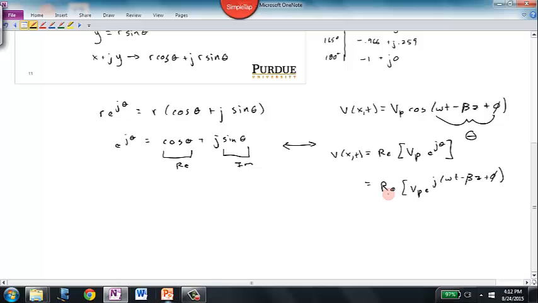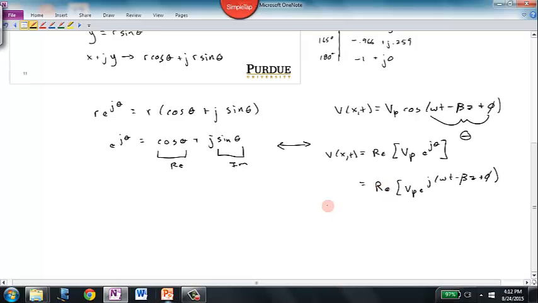Typically, by convention, we'll drop the real portion and just write V of z comma t is equal to Vp e to the j omega t, e to the minus j beta z, e to the j phi.